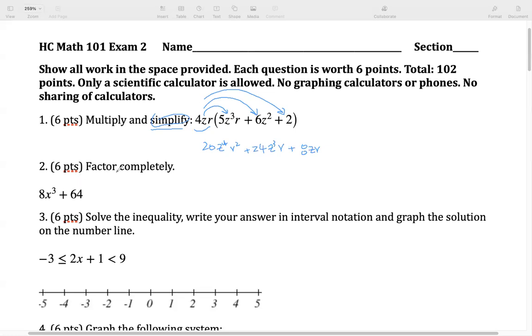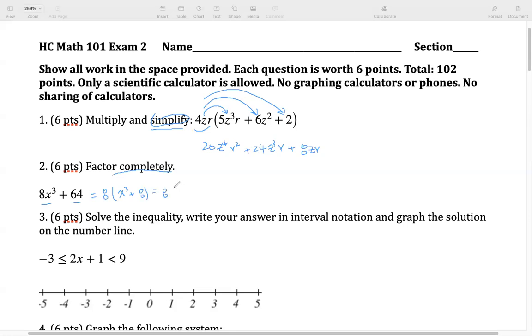Let's see 2. Factor completely. So first we observe these 2 terms have a common factor of 8. So whenever the terms have a common factor, we like to do that first. So after factoring out, we have x cubed plus 8.